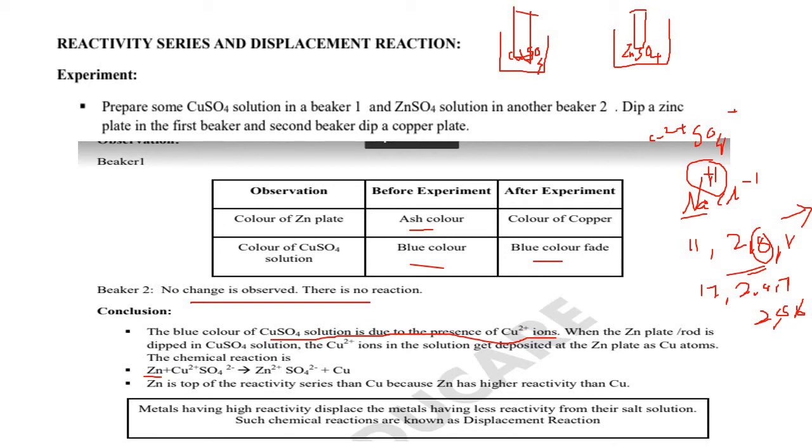In the same way here in copper sulfate, in order to form this compound, copper donates 2 electrons and the sulfate ion receives those 2 electrons.